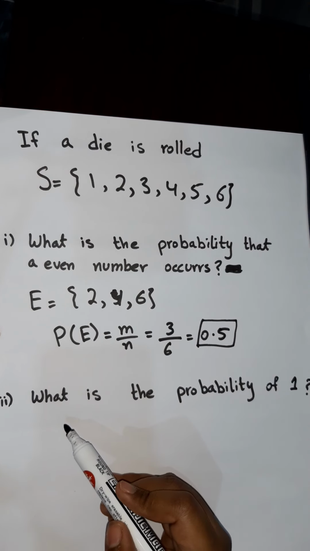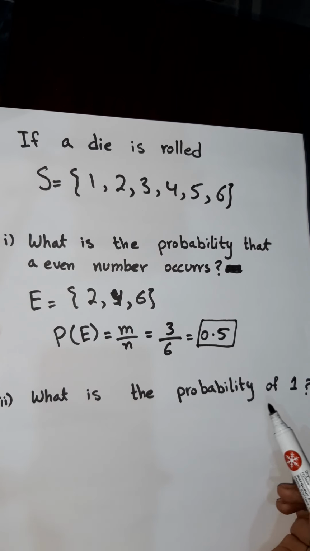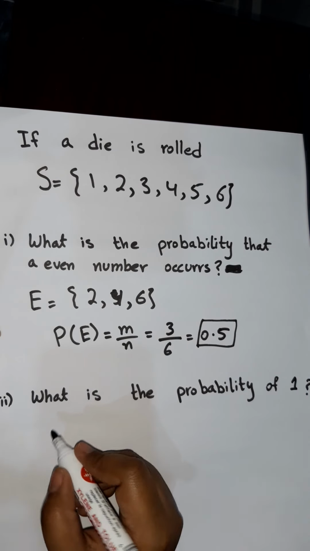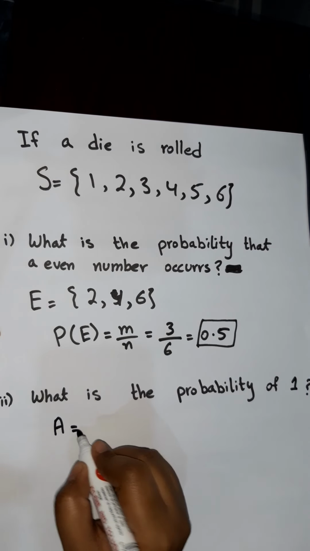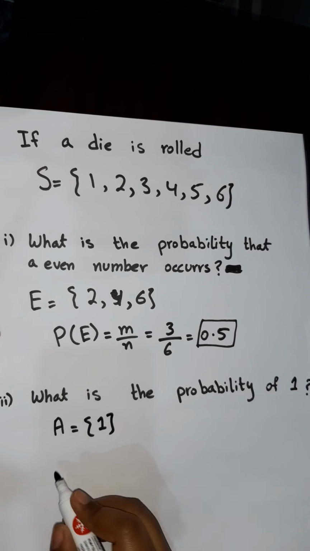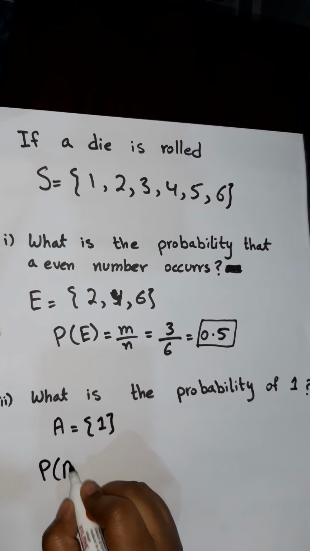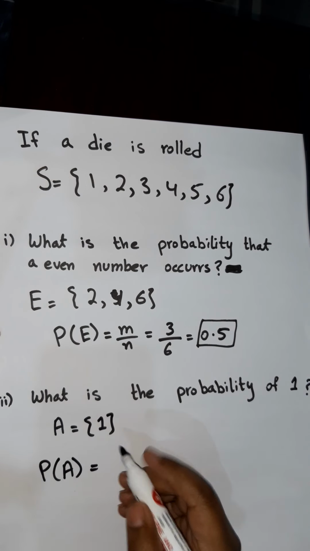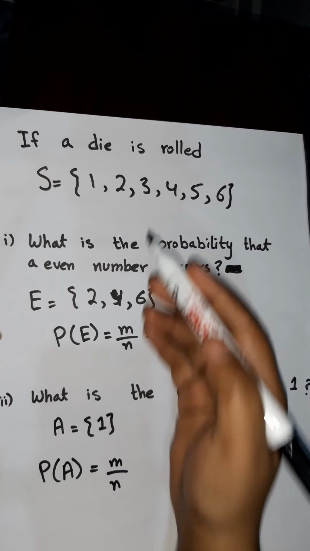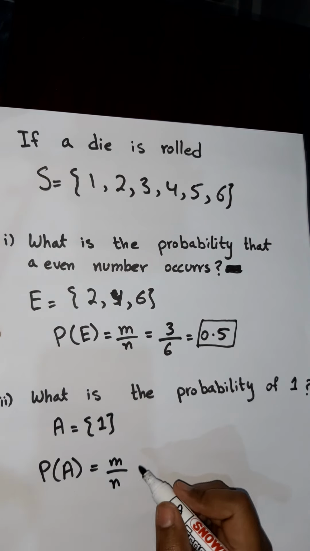Now the second part says, what is the probability of 1? Only number 1. So here we will take an event A which will show only 1. Then the probability of event A will be the number of outcomes in the event divided by the number of outcomes in the sample space.